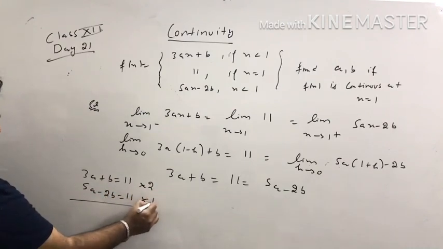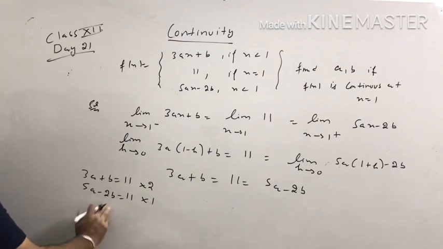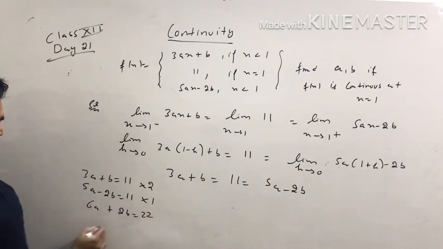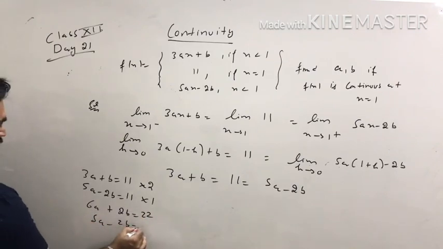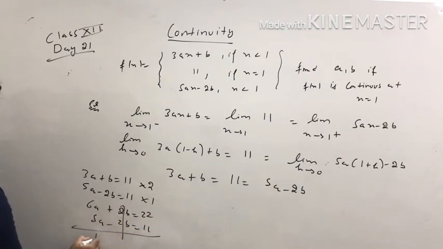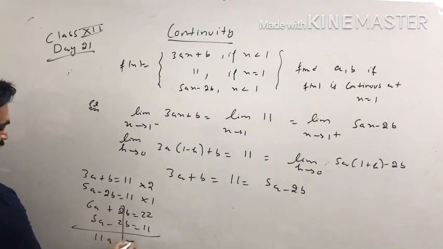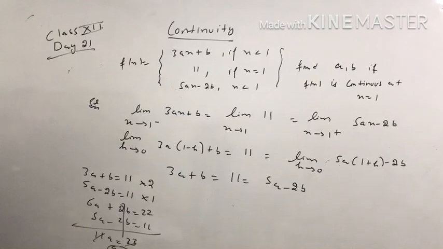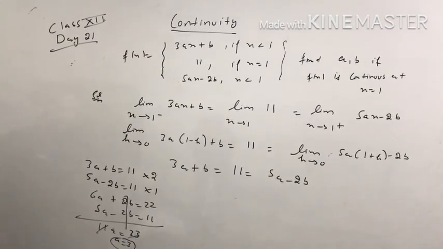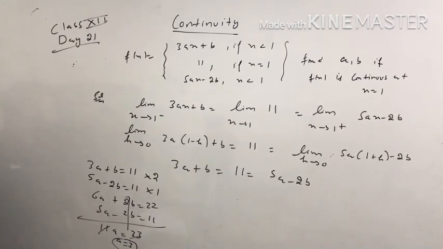Multiply the first by 2 and the second by 1. So this equation becomes 6a plus 2b equals 22, and 5a minus 2b equals 11. Cancel out: 11a equals 33, so a equals 3.